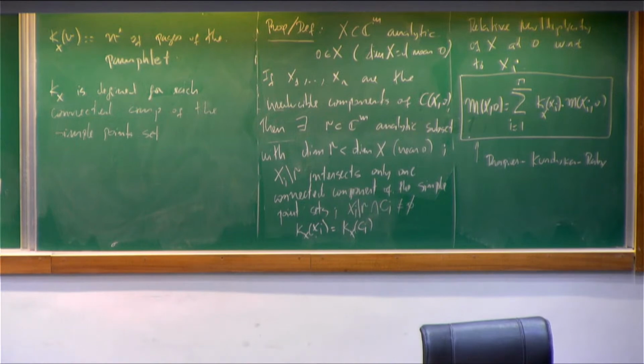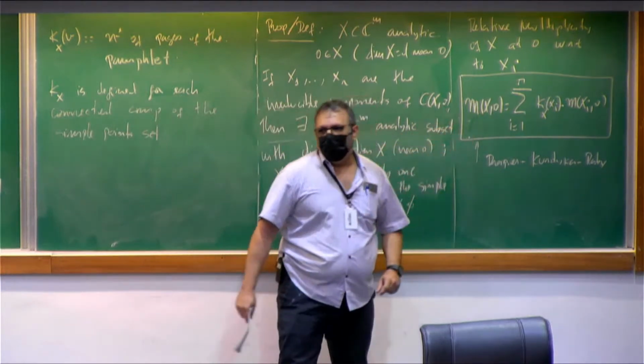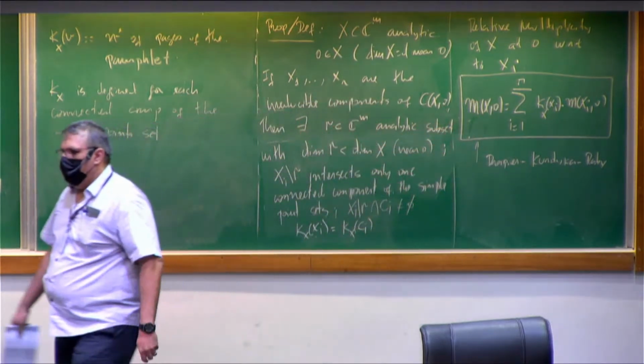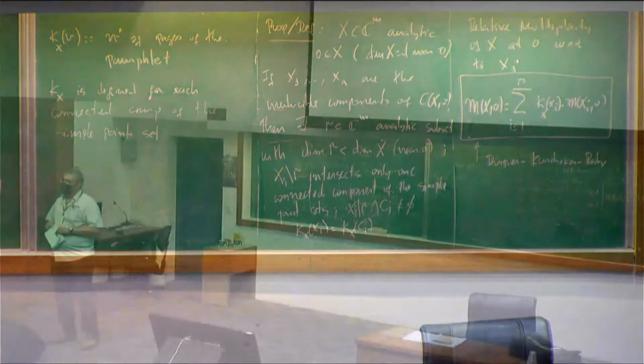Then our goal was to prove that the multiplicity is bi-Lipschitz invariant. Actually, for dimension 1, multiplicity is bi-Lipschitz invariant. For dimension 2, it is also bi-Lipschitz invariant. But for dimension greater than 2, we have a counterexample: multiplicity is not a bi-Lipschitz invariant.